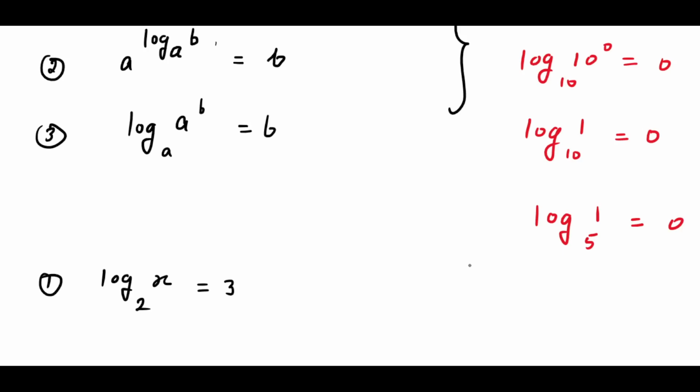Shall I help you out for the first problem? As this is the first problem, do you need my help or are you able to solve this? This is a logarithmic form. If I say convert it in exponential form, how do you convert it?